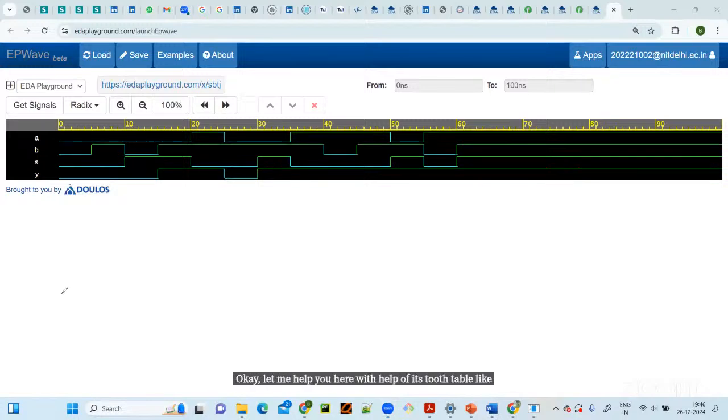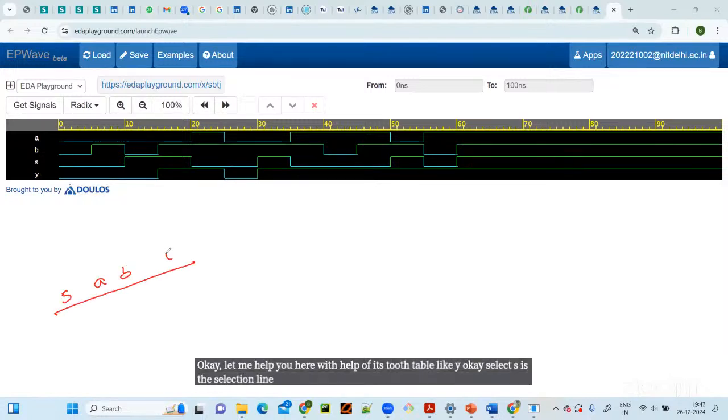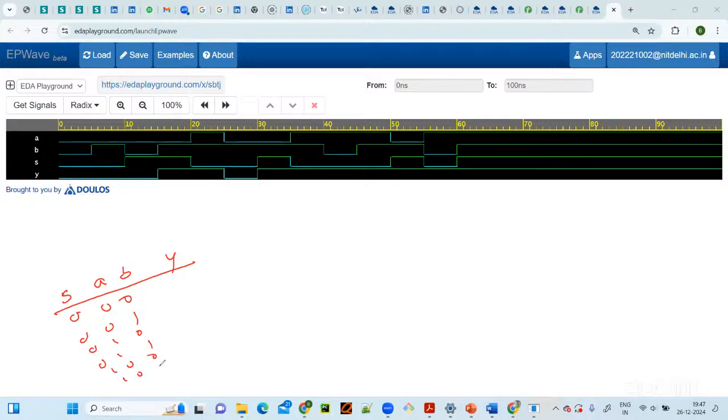S is the selection line, A and B are the inputs, Y is the output, right? So tell me what are the outputs?